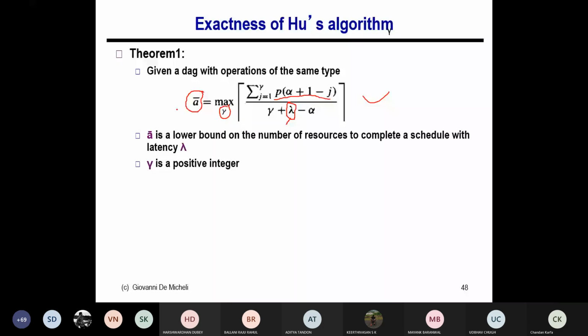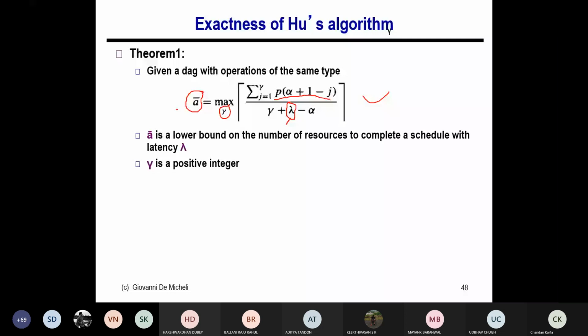Let me just give the theorem first, and then I'll go into the proofs and other parts. What is important is that under these 3 assumptions, given a latency, I can identify a lower bound of resources just by applying the equation. I'm going to show why this theorem is correct. That is my theorem 1.